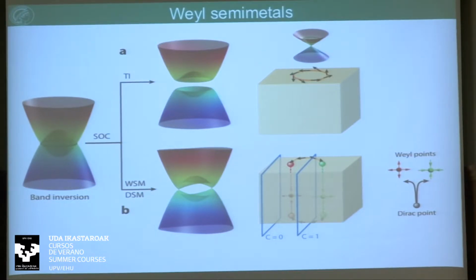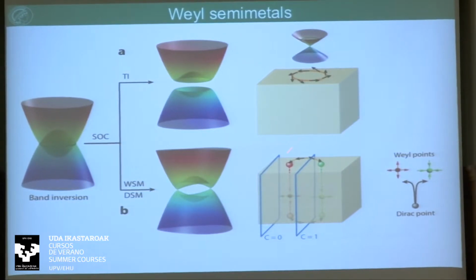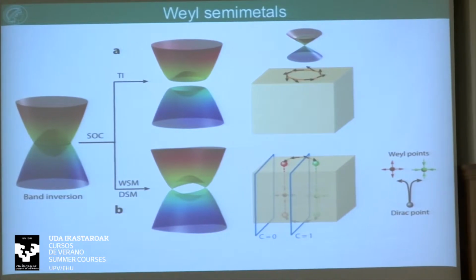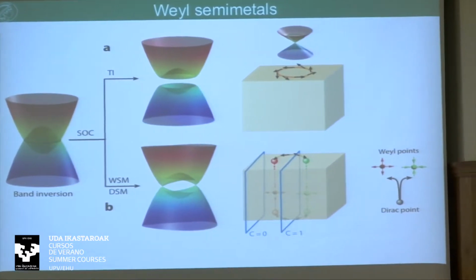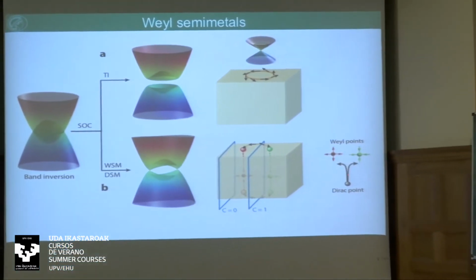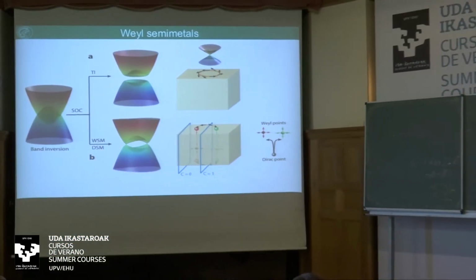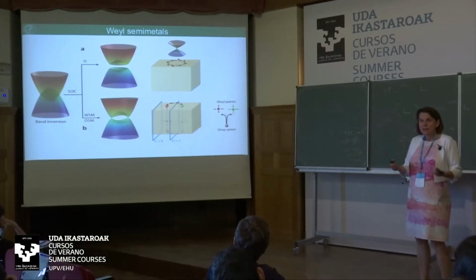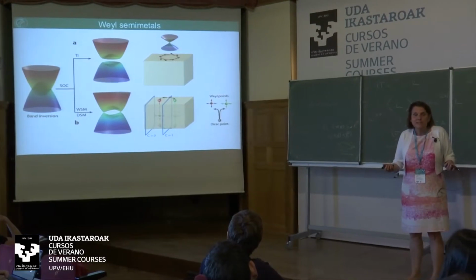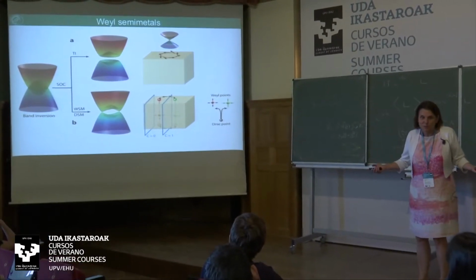You learned about Berry curvature and magnetic monopoles already, which leads then to certain transport properties and Chern numbers here, and also to surface states which are now Fermi arcs, which are connected on the different sides of my single crystal. So we are looking for magnetic Weyl semimetals because you can break the inversion symmetry, but you can also break the time reversal symmetry. And if I have a magnetic crystal, I always have broken time reversal symmetry.